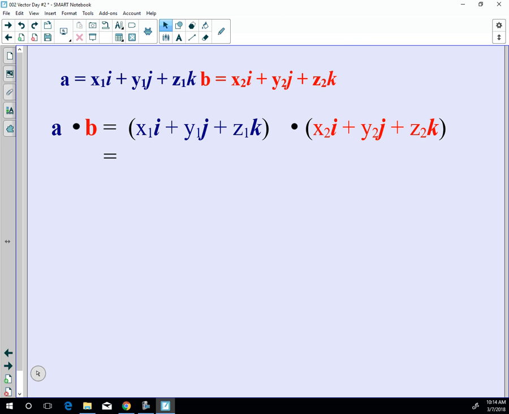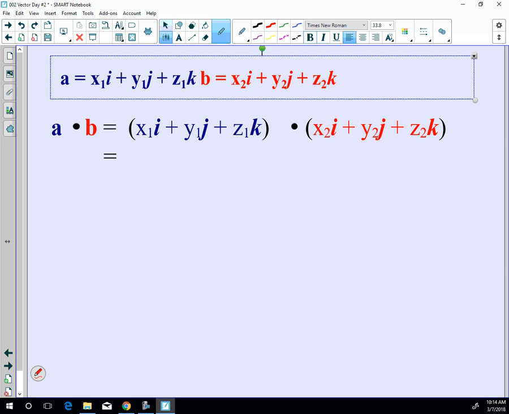Now we're going to take this position vector and this position vector and multiply them out. I don't know why these are together on the slide, they were supposed to be separated. Unfortunately, we have to FOIL these out. So this one is going to be x1 times x2 times i dot i.